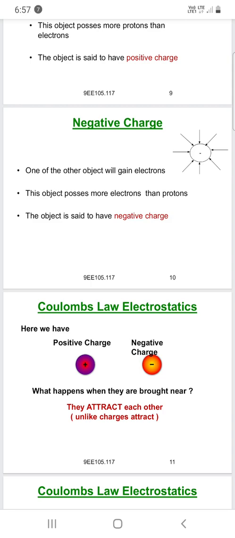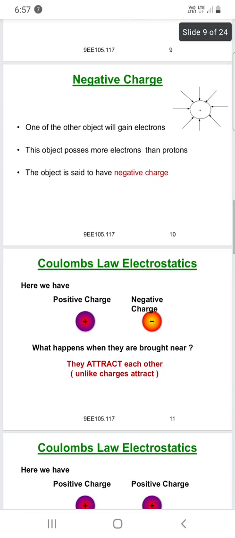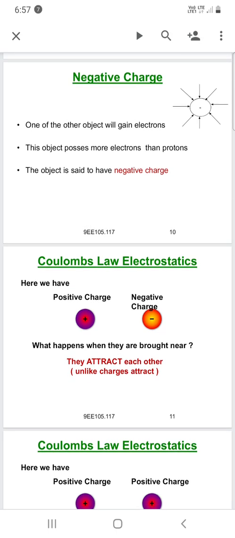So what happens when they are brought near to each other? What will happen if two charges are placed near to each other?